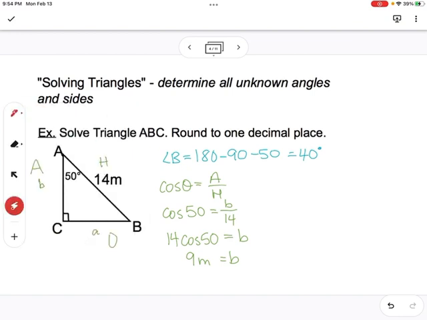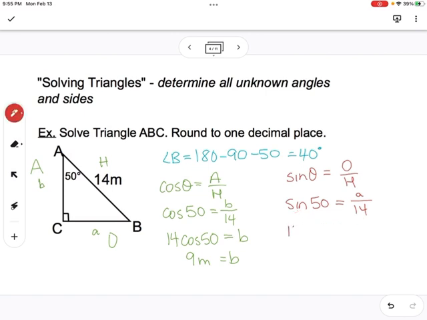Now to find the last side, the A or the opposite side, using opposite and hypotenuse, that means we are using sine. Sine theta equals opposite over hypotenuse. Sine of the 50 degrees, our opposite is side A, and our hypotenuse we know is a length of 14. Similarly here to solve, we want to move the divide by 14 to the other side, meaning it will become multiply.